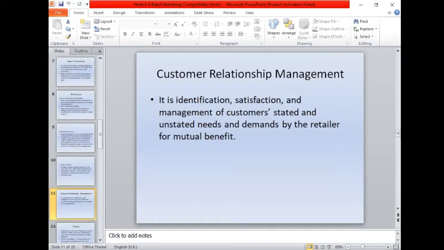It's not just a one-time customer who buys once in your store, pays for the product, and that's it. No return, just one time. No, retail stores are not into that. It's about building customers, retaining them, and giving them benefits for being loyal and buying products in the retail store.